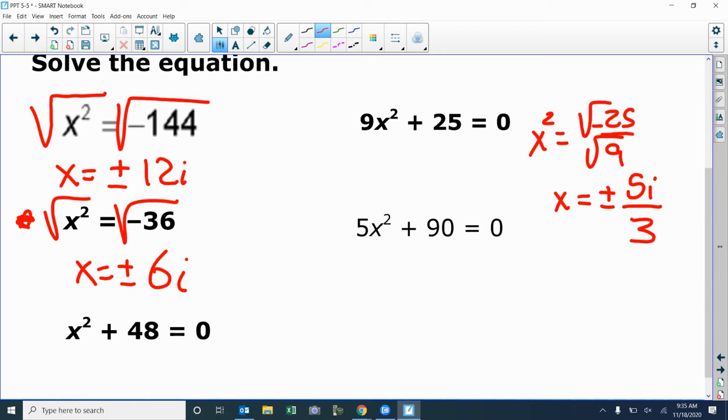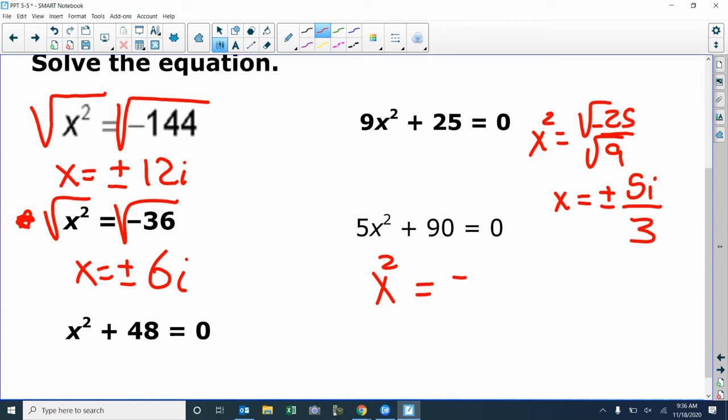Take the 90 over and divide. X squared is going to be equal to negative, what's negative 90 divided by 5? Is that 24? No, no, 23. No, it's not 23. Oh, please help me. 90 divided by 5, I have a brain dead.